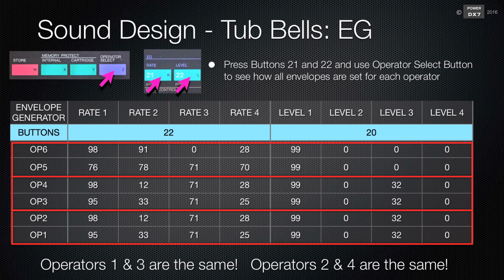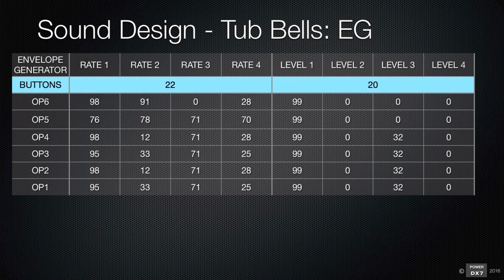And yes, this is because tower 1 with operators 1 and 2 and tower 2 with operators 3 and 4 are almost the same from frequency to EG parameters. Now, we will look into EG data in details.